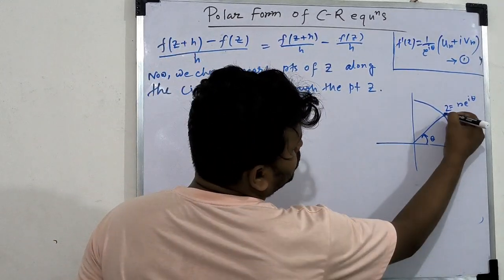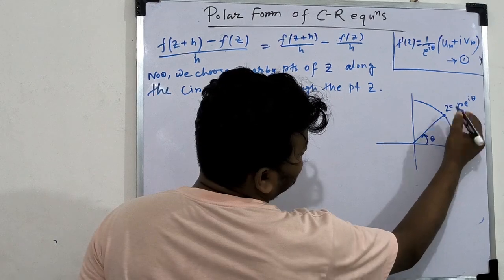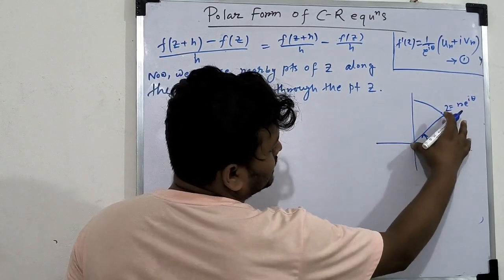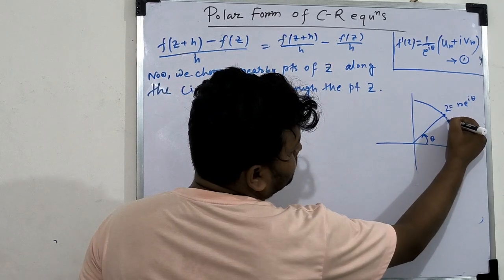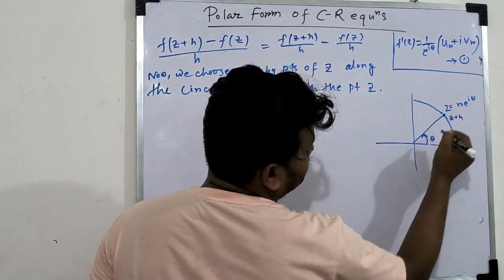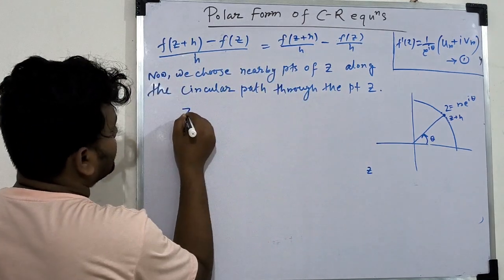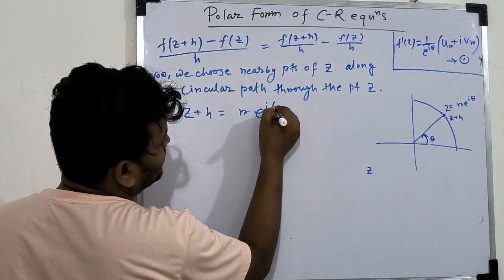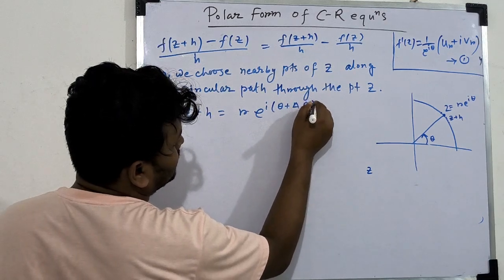Circular path means that for this point z, the angle, that is the argument, is theta. So if we choose points on this circle whose radius is r, then for the nearby point, z plus h can be written as z plus h equal to r into e to the power i (theta plus del theta). So this is the difference.